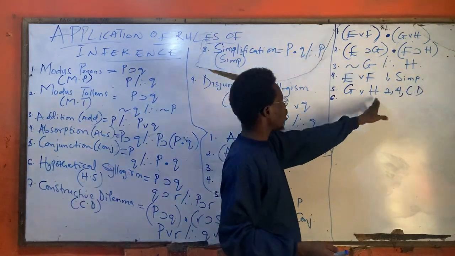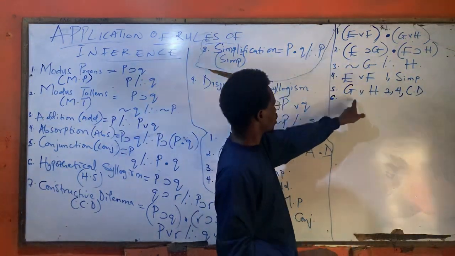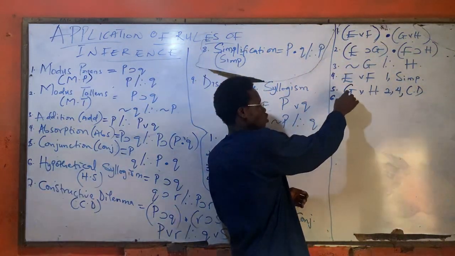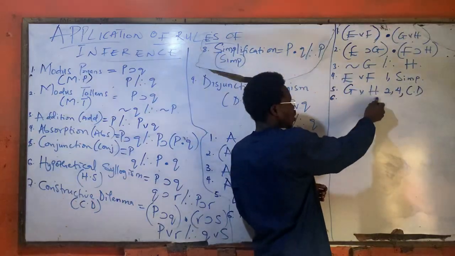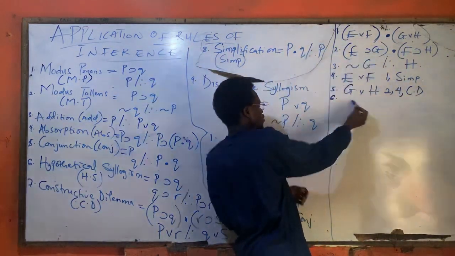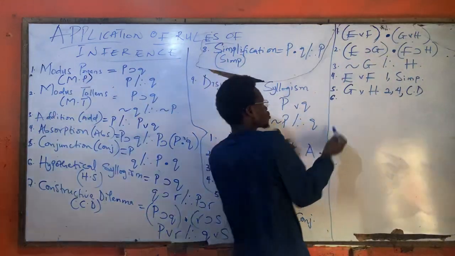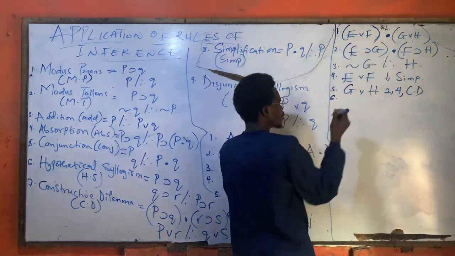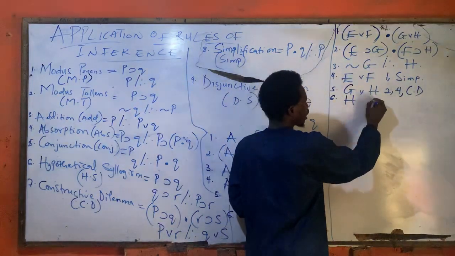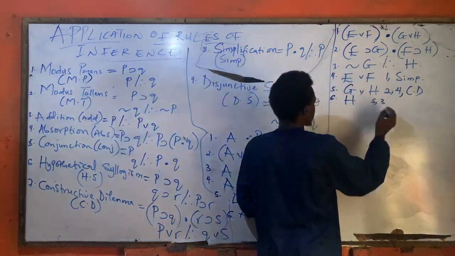We have G or H, since either you are good at golf or you are good at handball. Our line 3 has already served as the second premise, saying you are not good at golf. Therefore, you are good at handball. Line 5 and line 3.